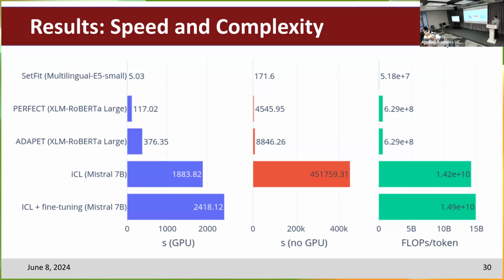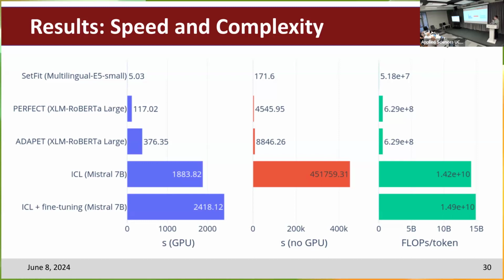As you can see, SetFit, both modified and vanilla, because our modifications do not affect the inference in any way, is by far the fastest method, and also the one with the lowest computational complexity, relying on lightweight sentence transformers.